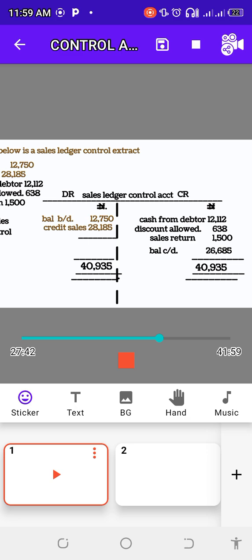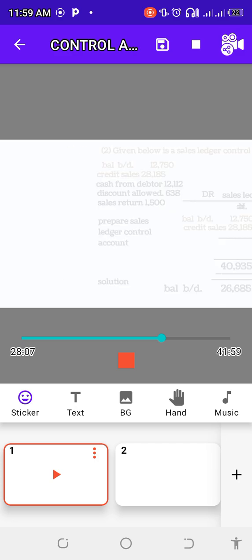Then we bring out our balance carried down to the debit side of the account, because it is the actual balance of debtor at the end of this period. So the balance brought down is on the debit side because it's an asset account, and all asset accounts take their closing balances brought down by the debit side.